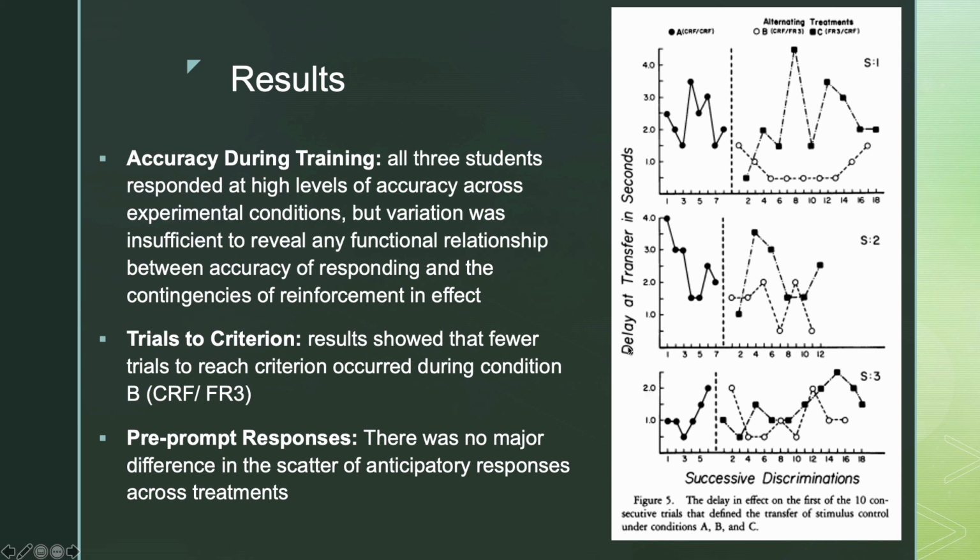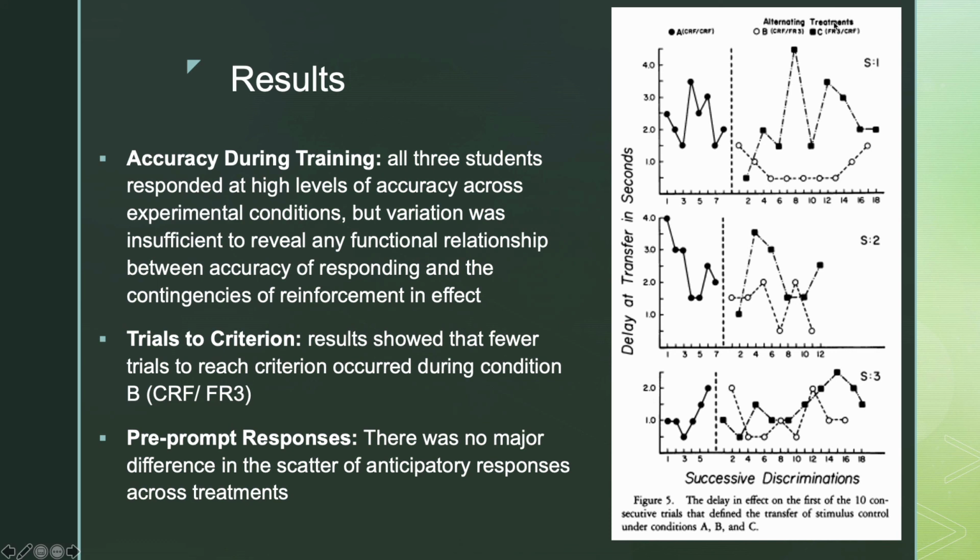What they're measuring, interestingly enough, is a delay at transfer in seconds. Okay, so you could see under the CRF schedule, reinforcement is not favoring responding before or after the prompt. You get these performances for each subject.